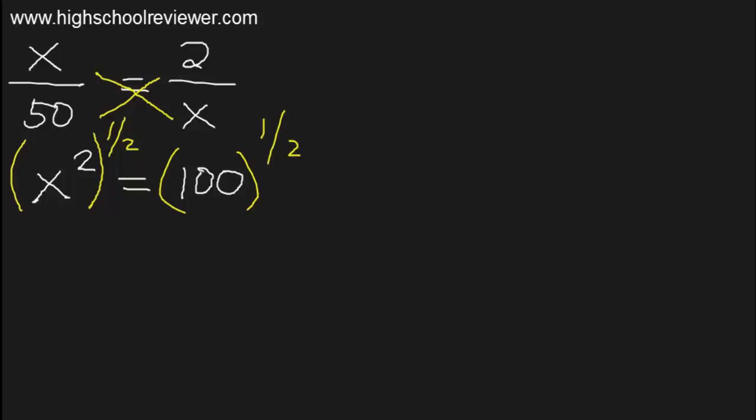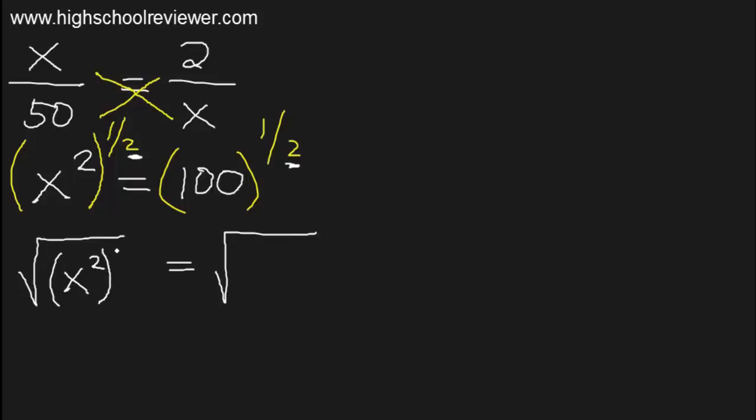Now, since the denominator is the same, which is 2, this is equivalent to the square root. So we will have square roots on both sides, and our base here will be x squared. Its exponent will be the numerator, and that is positive 1. So our base here will be 100.